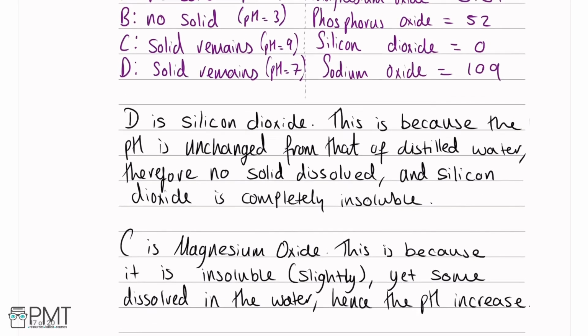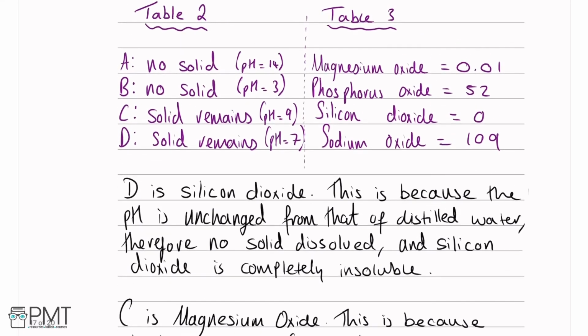So now we need to decide between A and B, the two which are soluble. And the difference is in the pH. So for A, it's a pH of 14, and for B, it's a pH of 3. Now, sodium oxide is a base, and phosphorus oxide is an acid.